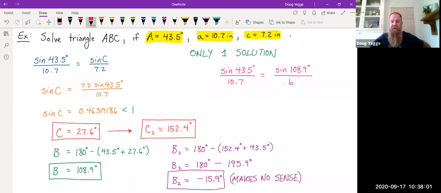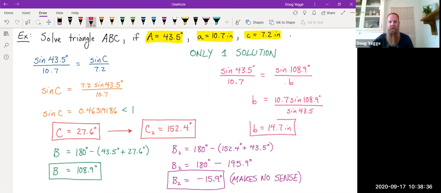So if we cross multiply and solve, we get 10.7 sine of 108.9 degrees equals B times sine of 43.5. So to solve for B, I divide by sine of 43.5. Okay, so the last side, side B, is going to be 14.7 inches if we punch that into our calculator, and therefore we have all of the information.